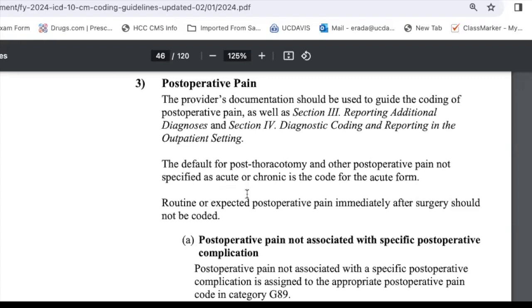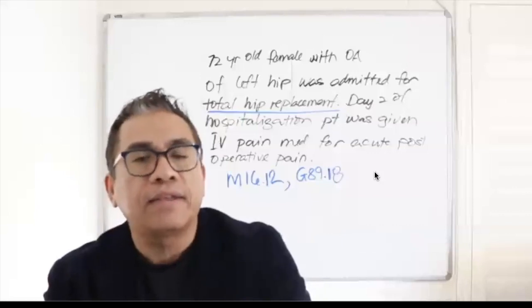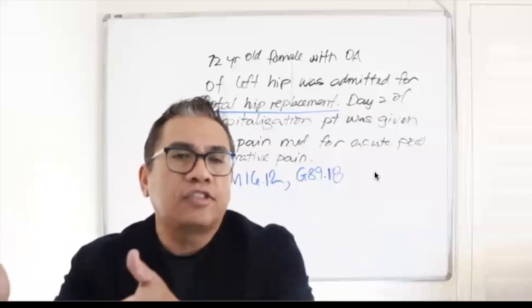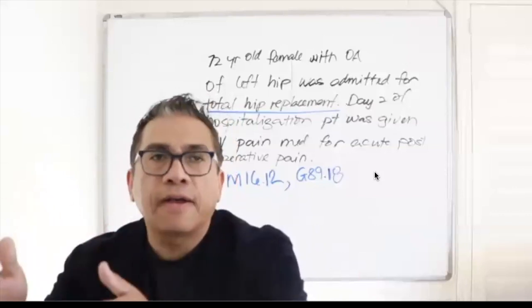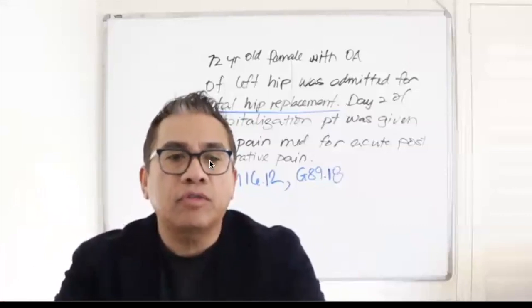Same with post-thoracotomy. There is a specific pain code for post-thoracotomy, guys. And what is a post-thoracotomy? Does everybody understand what that procedure is? A post-thoracotomy, guys, is a stage, or a period after the operation.